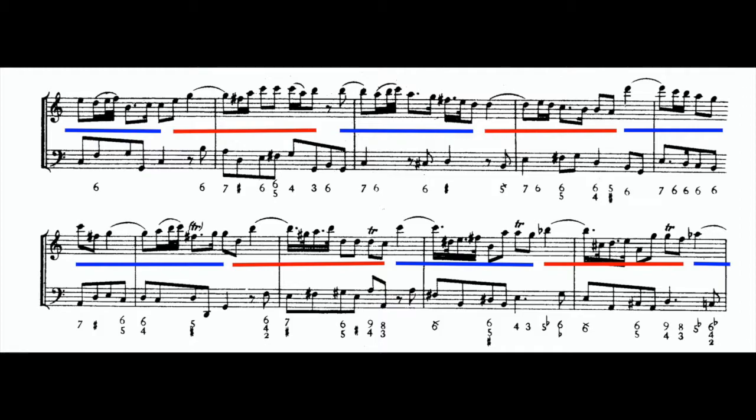And now a long sentence, the blue one. Of course I can cut after the long G, but what happens after the long G is just a cadence, so I think this could be thought of as one sentence.